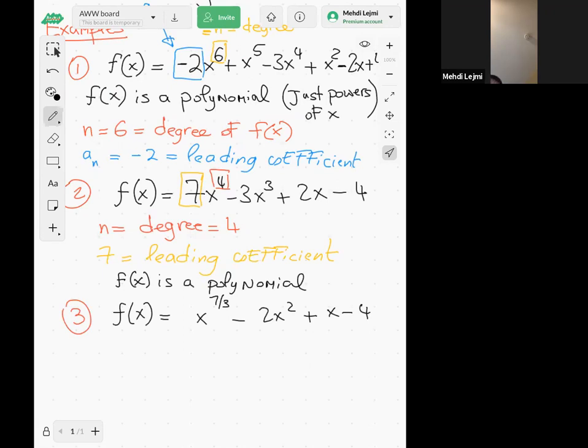It's not a whole number. So in this case, this f of x is not a polynomial. The powers of x must be whole numbers. They cannot be fractions. If you have a fraction as a power, then that's not a polynomial, because there is a power of x which is a fraction.